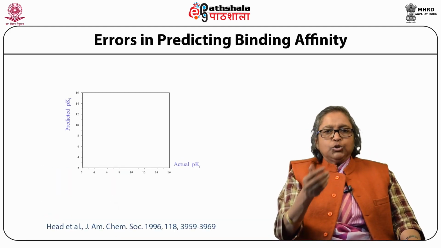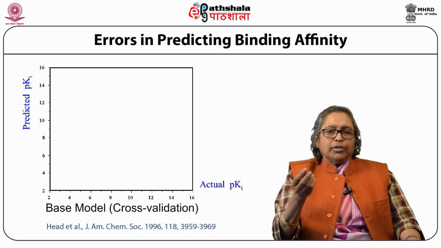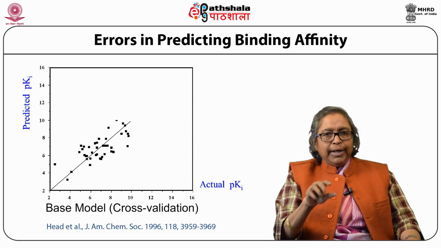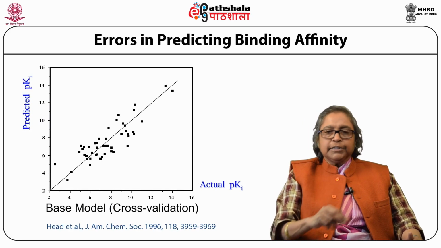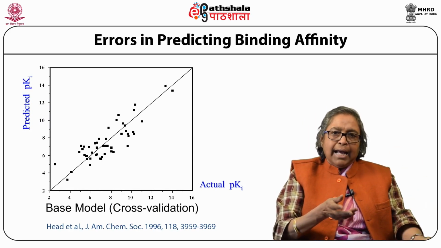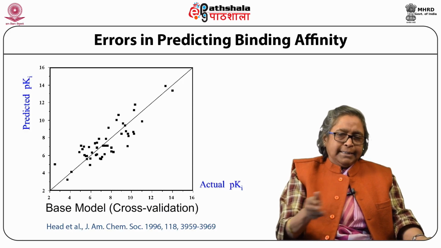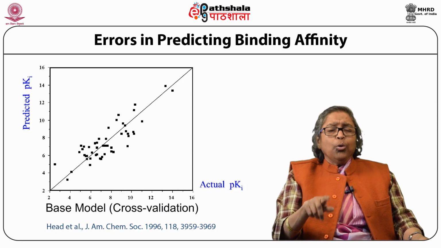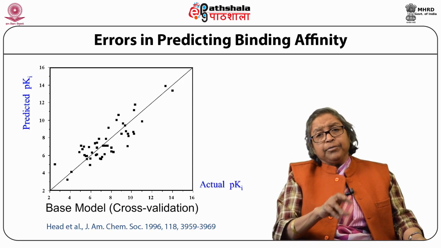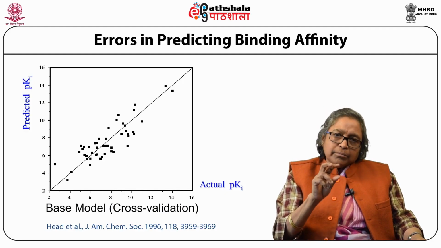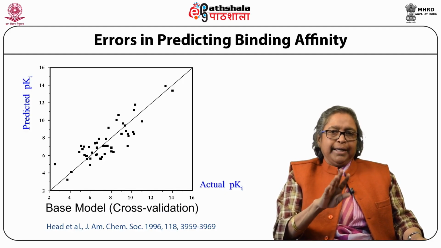The next slide shows you exactly one of these problems. It has been found, when it was used from the reference paper, that the actual value is on the y-axis, and the model prediction is on the x-axis. The compounds which are highly effective and very good are predicted with quite a large amount of error.